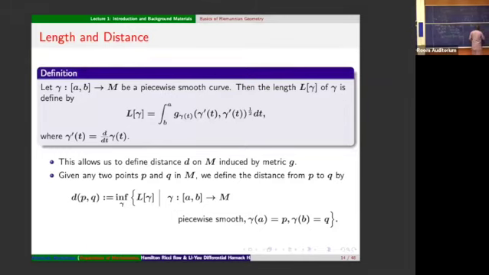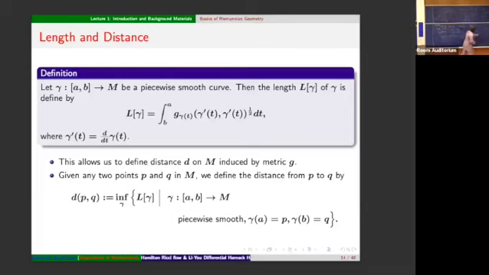So the distance between P and Q on this manifold is defined as the infimum of the lengths, such that you have those conditions.